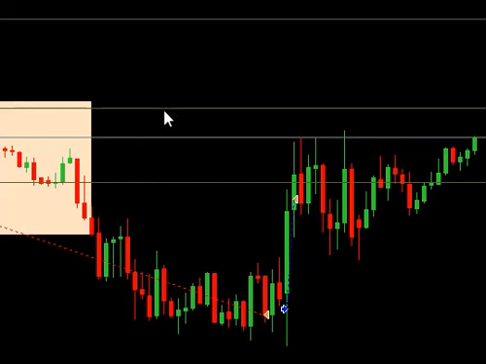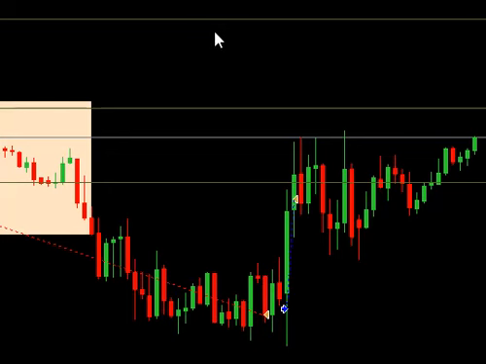Then my next area was 75, an area of support yesterday, where price didn't get above overnight and stayed below. And then there is this line up here at about 92.